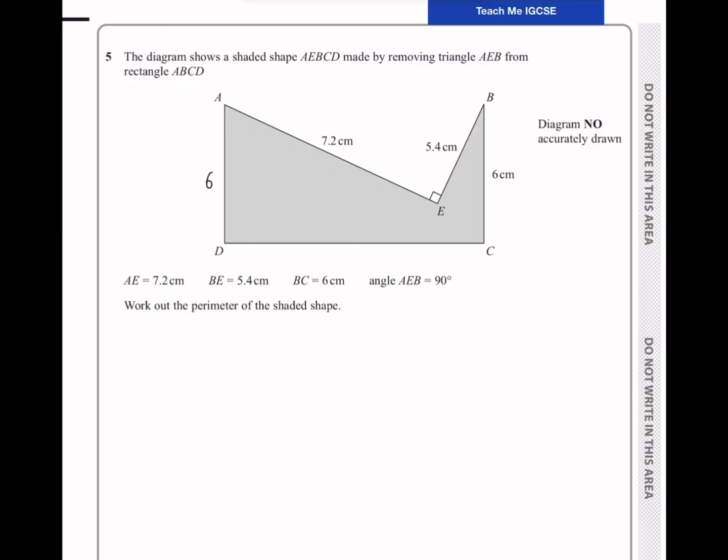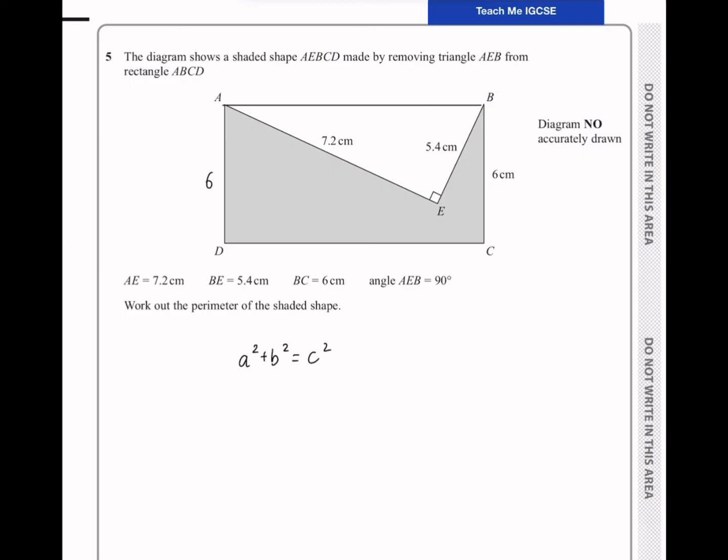So we can find the same length over here, which makes up the triangle AEB, which is removed. And we have both sides of the triangle, which means we can use Pythagoras. This is when we do a squared plus b squared is equal to c squared.